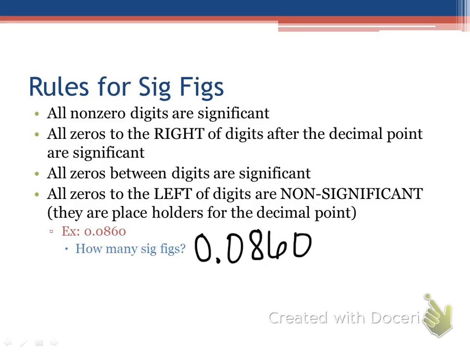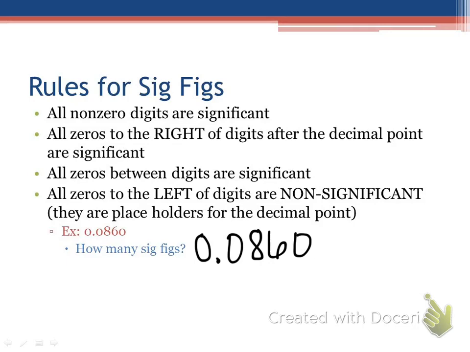So zeros to the left of digits before any digits start are non-significant. It makes no difference whether they are before or after the decimal point. If they are before any digits start, they're non-significant.